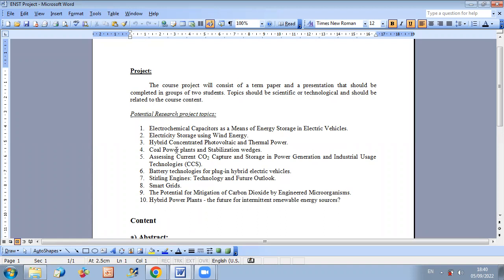Another possibility is assessing CO2 capture and storage in power generation and industrial use technologies. For this topic, you know that CO2 is one of the harmful gases. It's a harmful gas, and we try a lot whenever we want to produce energy.